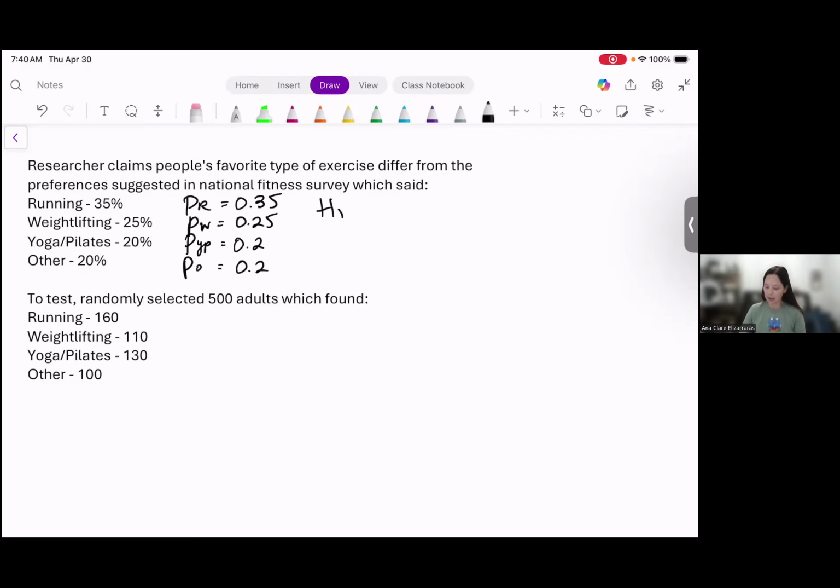So in your null hypothesis, you could say PR equals 0.35, PW equals 0.25, PYP equals 0.2, and P of other equals 0.2. And then the alternative is that at least one of those proportions is different.